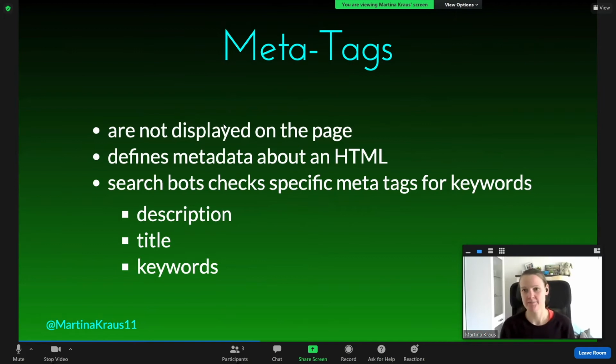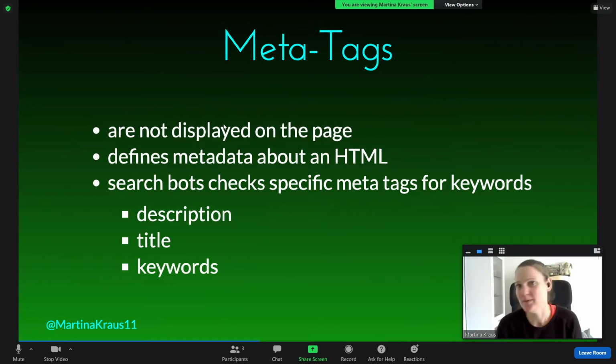Another fun fact is that there exists something like the keywords meta tag, and a couple of years ago everyone was really eager to put everything inside this keywords meta tag. But recently, maybe a couple of months ago, Google released a video about how the Googlebot works together with the meta tags.